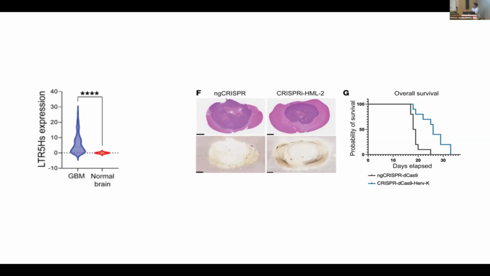And what he found was that when he targeted this with dCAS9, which is a type of protein machinery known to suppress expression, he saw that in mice that have GBMs, the survival was longer when we suppressed HML2 expression versus mice that were wild type. In this figure in here.